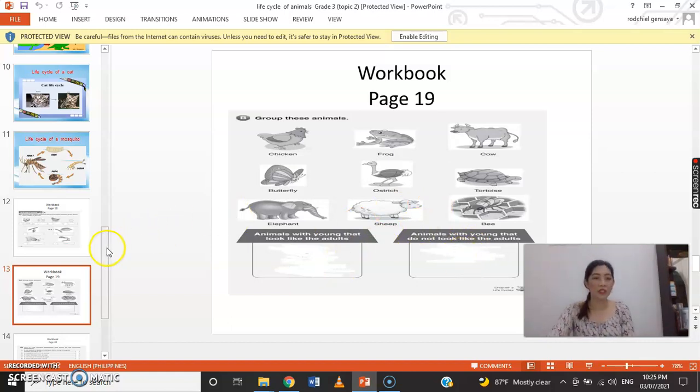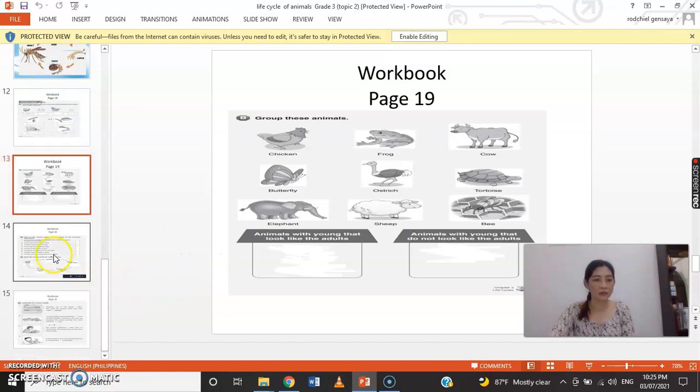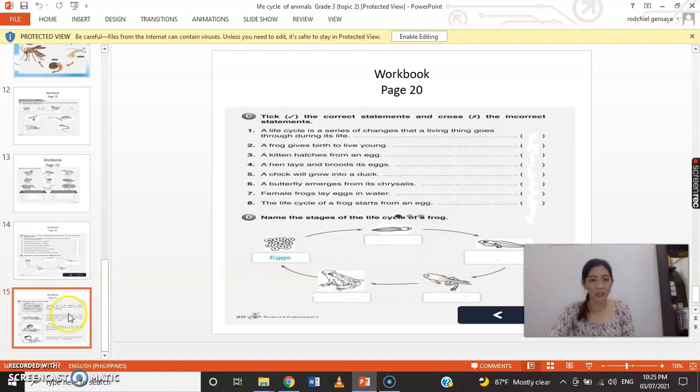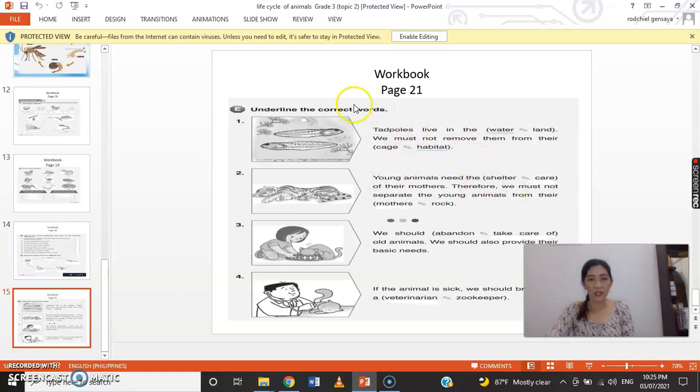So the next is bright, thick, and rose here. And the next is name the stages of life cycle of a frog. And write the name here. And the last is this one, underline. So I hope you understand.